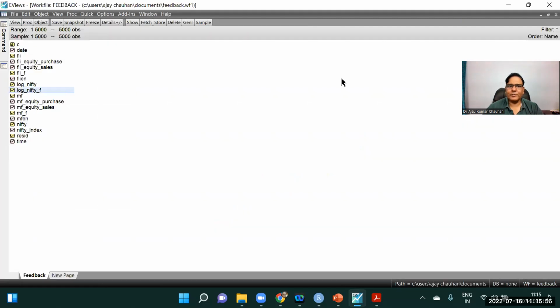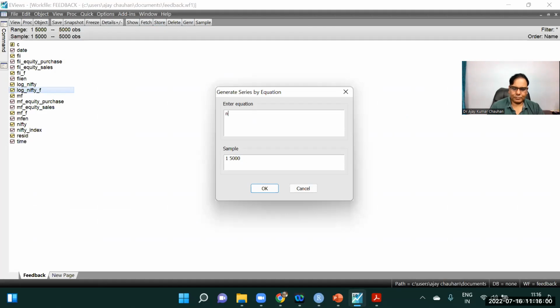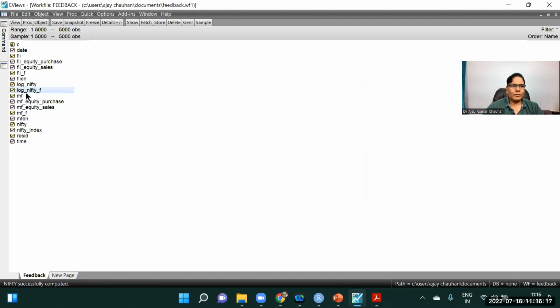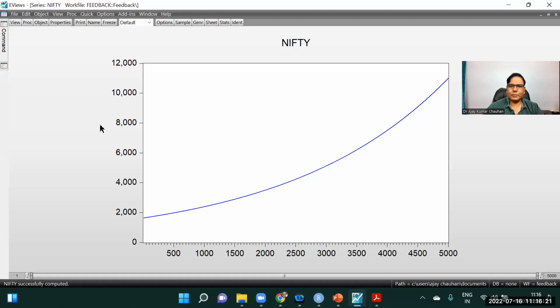I did one mistake. Nifty equal to exponential of log Nifty forecasted. So you can see the forecasted values of Nifty up to 5,000 days.